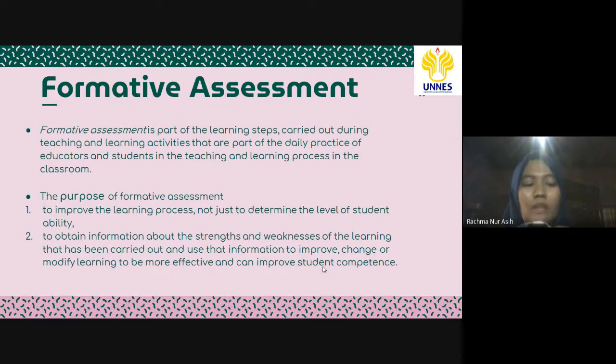And the purpose of formative assessment are to improve the learning process, not just to determine the level of students' ability, and to obtain information about the strengths and weaknesses of the learning that has been carried out, and use that information to improve, change, or modify learning to be more effective and can improve students' competence.